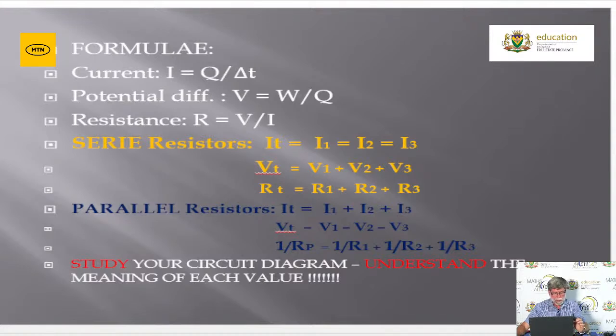And secondly, the moment internal resistance is present, then Ohm's law of V equals IR is rewritten in this formula: EMF equals I times R plus I times Ri, the internal resistance.